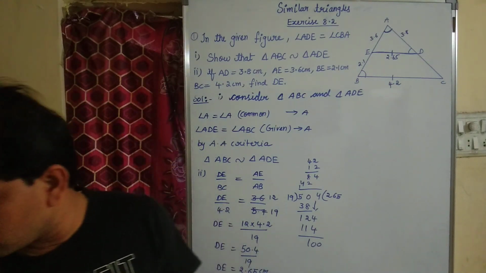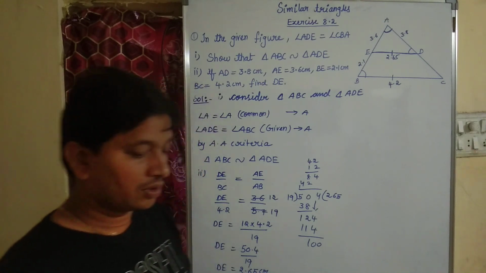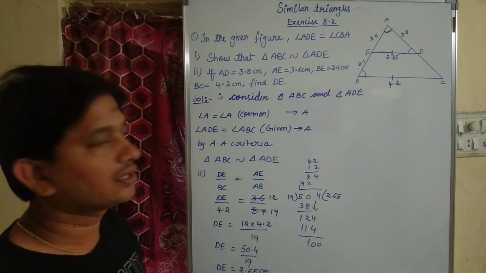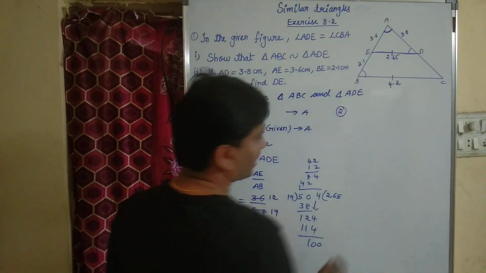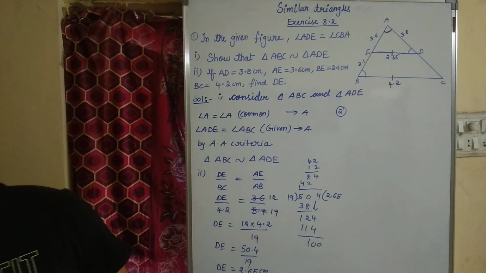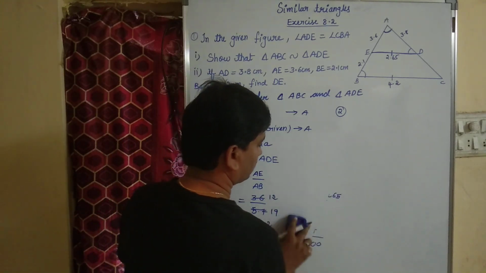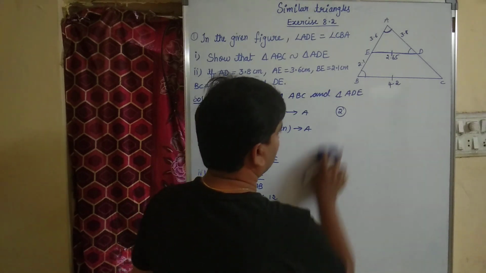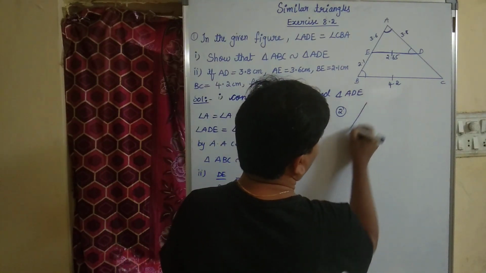Now coming to question number 2. The perimeters of two similar triangles are 30 centimeters and 20 centimeters. I am doing the second question here.